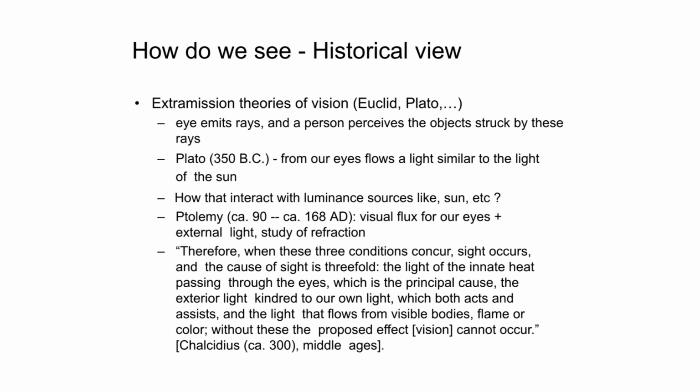He says there is visual flux from our eyes, an eye that emits light to the external environment, the light that gets reflected by an object, and a human eye system that again understands the refracted form of these two combinations of light.